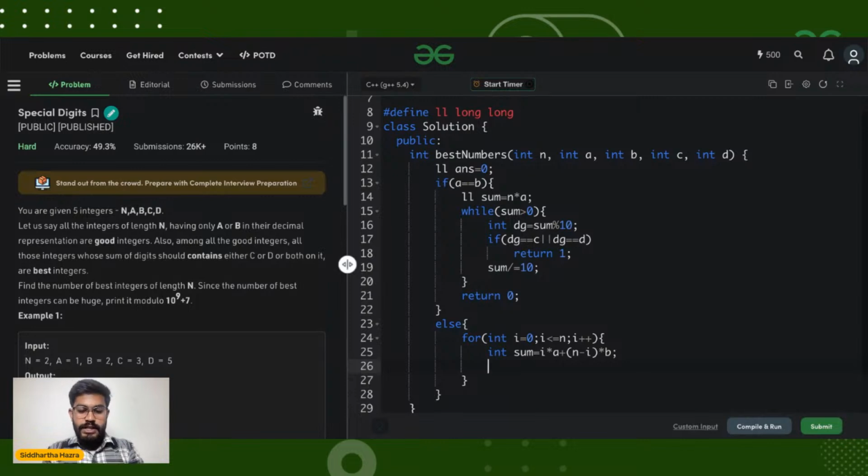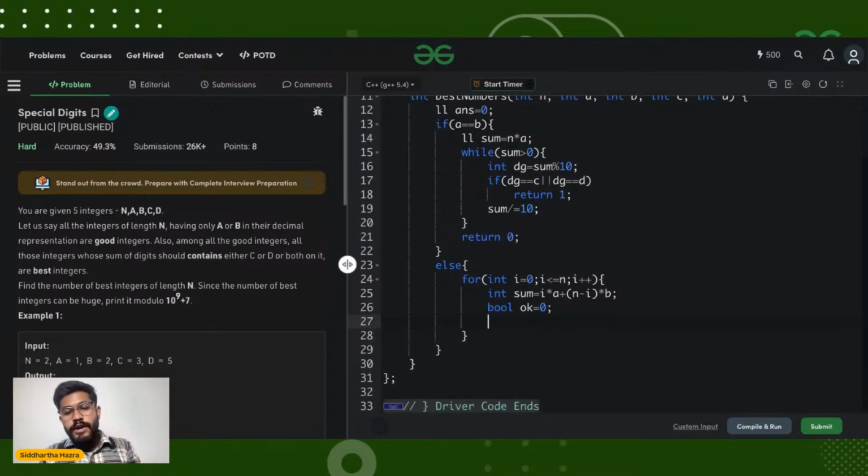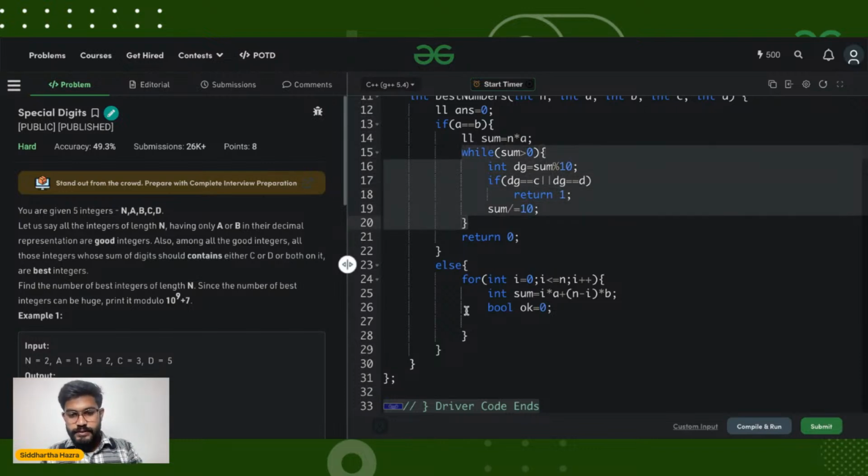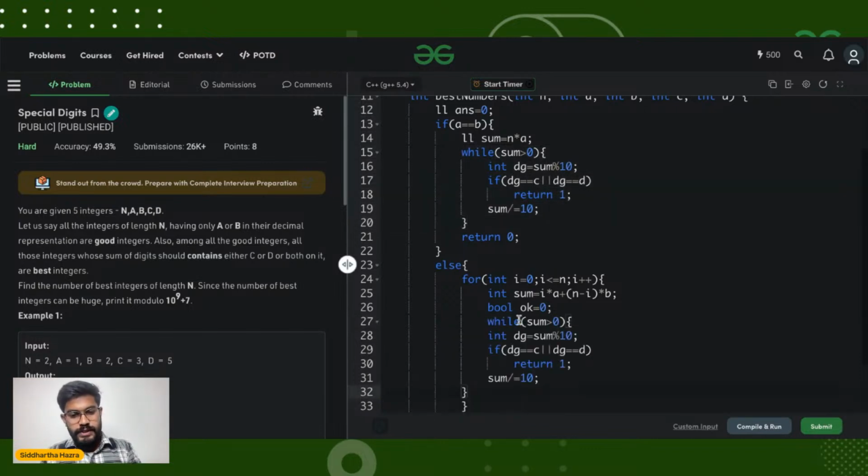Now we would declare a boolean and say ok is equal to false. Initially, we have not found C or D in its sum. So now we would iterate over this sum the same way, but here, instead of returning 1, we would say ok is equal to 1.